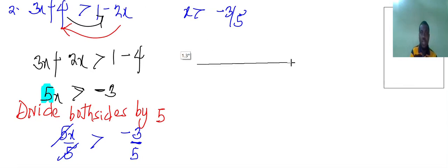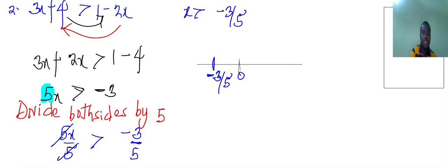So let's try to have a number line representation of that. Reference point 0. Minus 3 over 5 is a negative number, so negative numbers are to the left hand side of 0. Okay, so we have that. We're not drawing to scale, so let's put minus 3 over 5 anywhere towards the left hand side of 0. And we have x greater than minus 3 over 5.